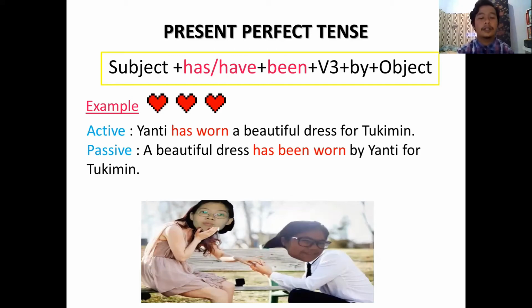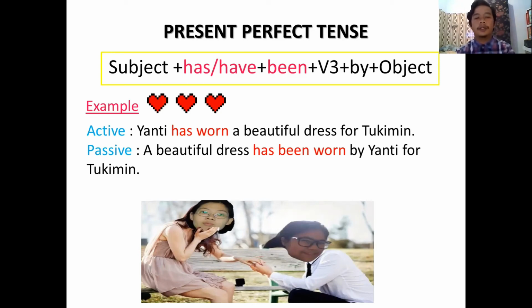Okay, the example is an active sentence: Yanti has worn a beautiful dress for Tukimin. Okay, but Yanti is not like in the picture. The passive sentence: a beautiful dress has been worn by Yanti for Tukimin.